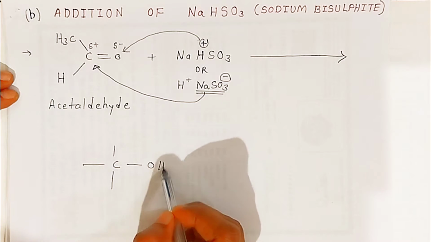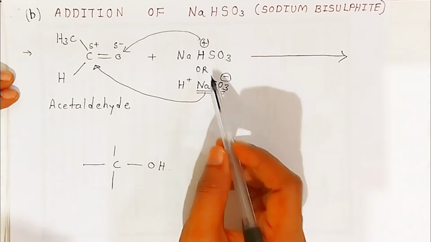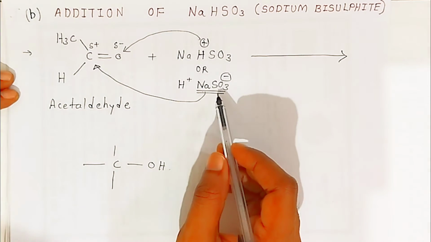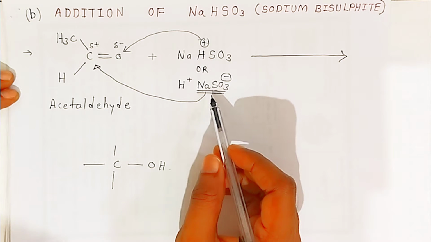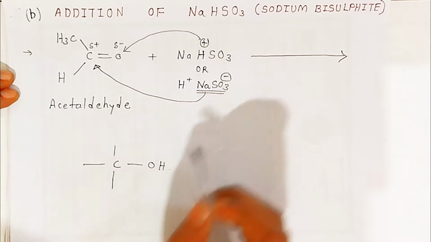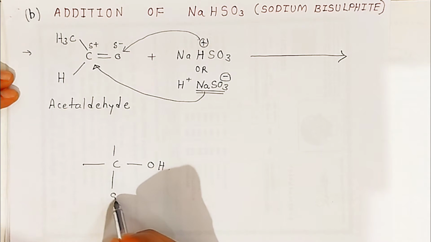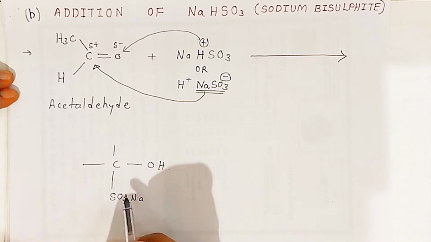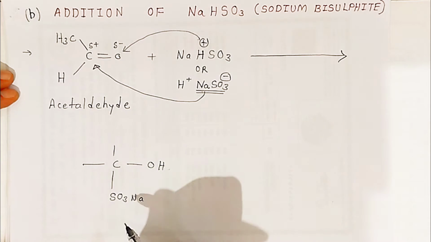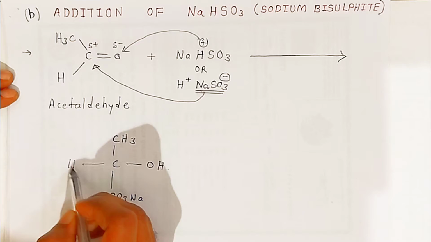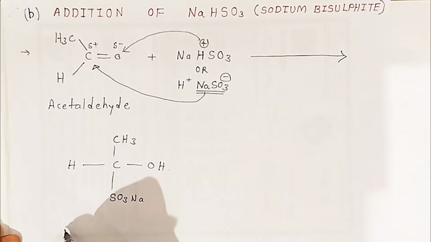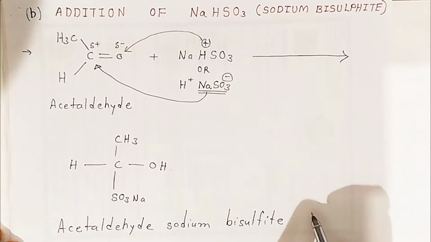Now it will form the hydroxyl group with this hydrogen, and this sulfur of bisulphite, sodium sulphite, where sulfur is negative charge, SO3Na, will go to the carbonyl carbon like this, and your methyl and hydrogen will be as it is. So it will form an adduct.